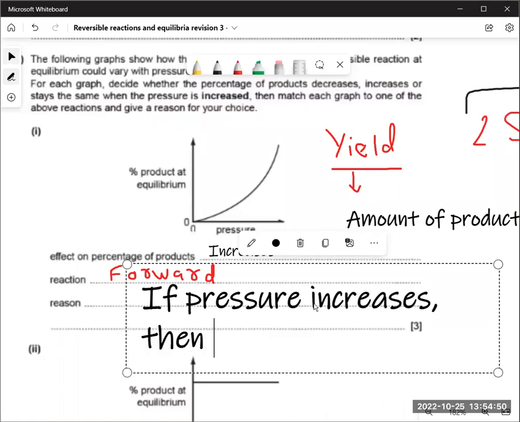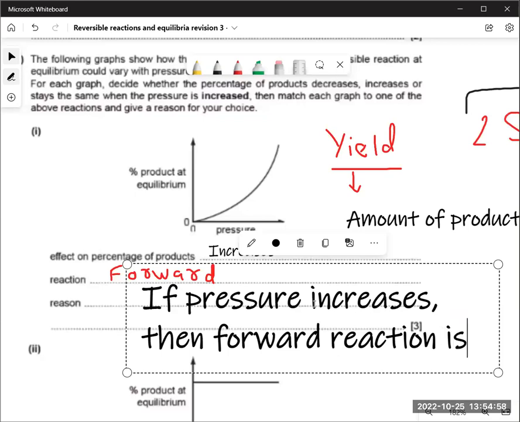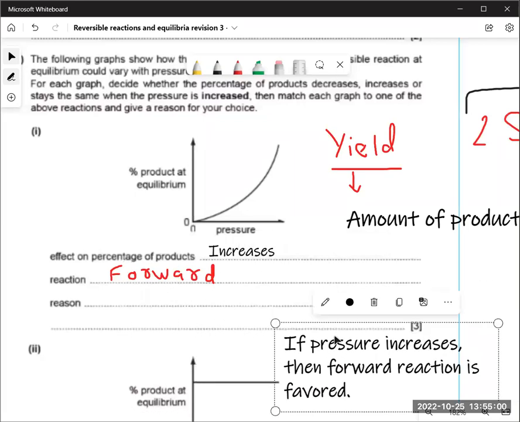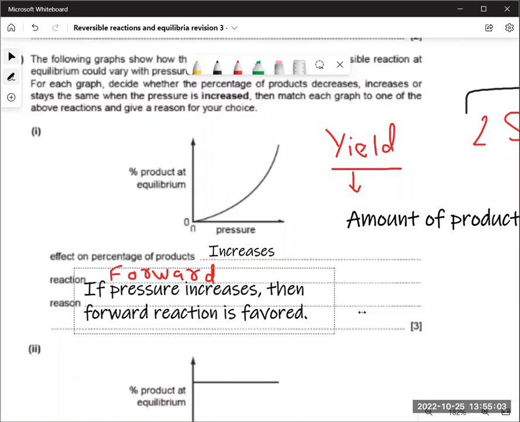But I want to know why it is favored. What is favored by high pressure? Check your rule.